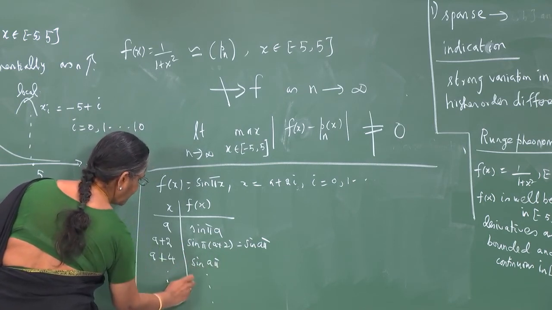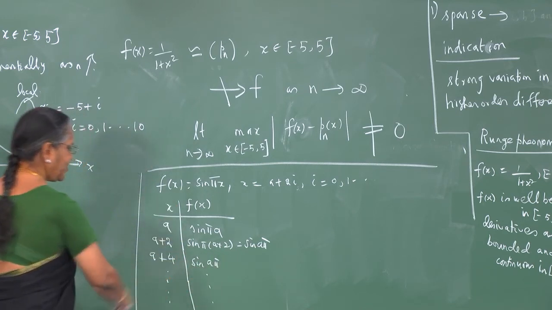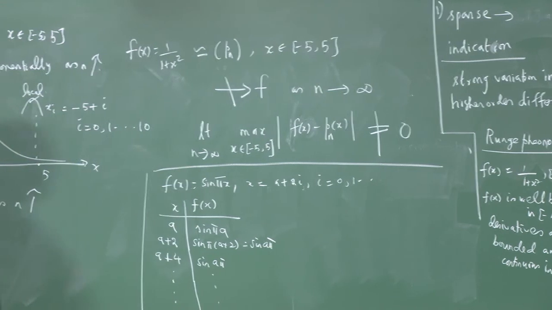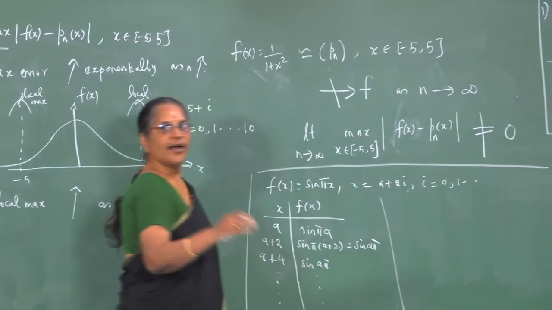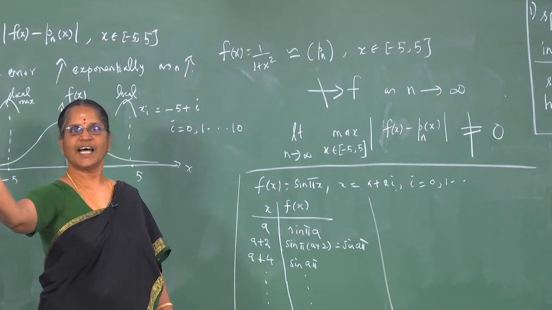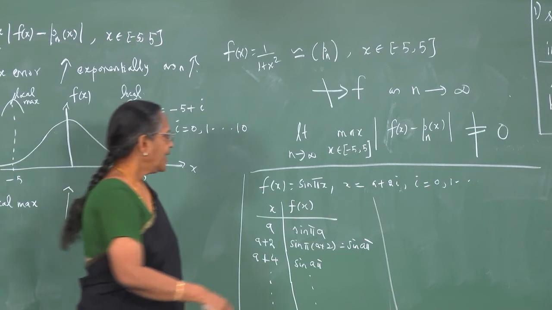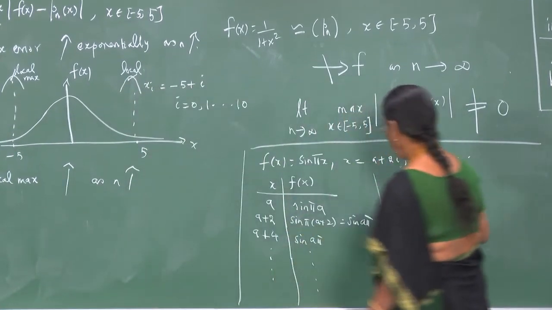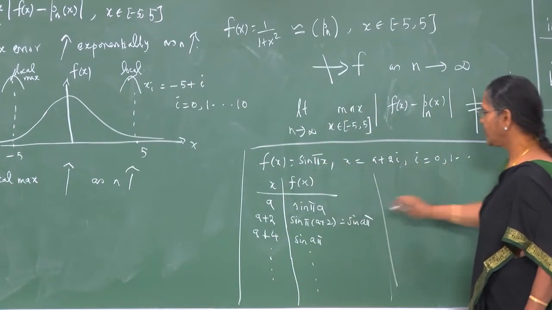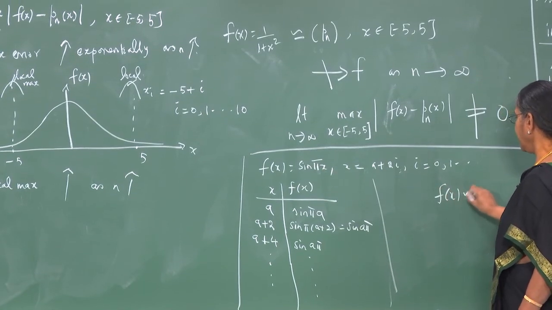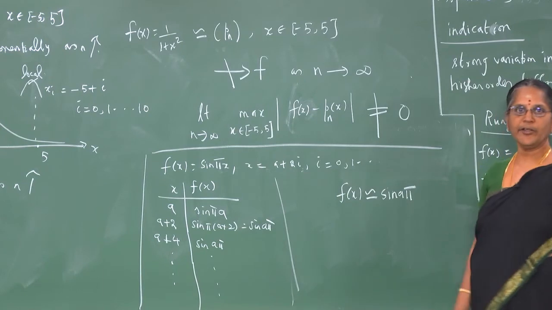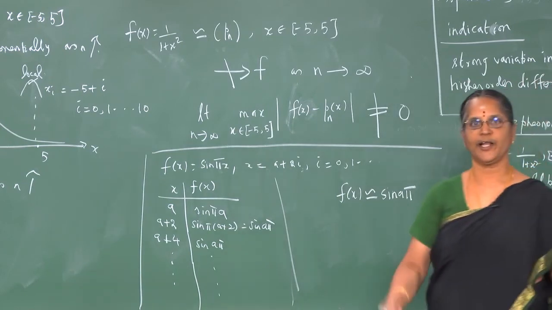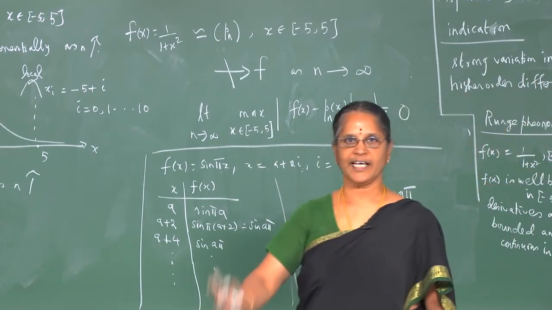And I observe that at all these nodes xi, the function assumes the same value, and therefore all its differences are 0. And hence, a polynomial interpolation of this function f of x gives you sin a pi as the interpolation polynomial, which is a constant polynomial which is totally unreliable.